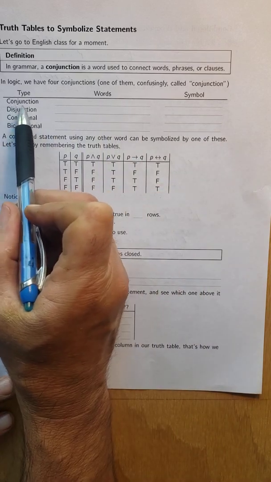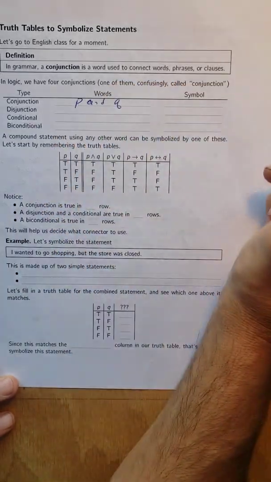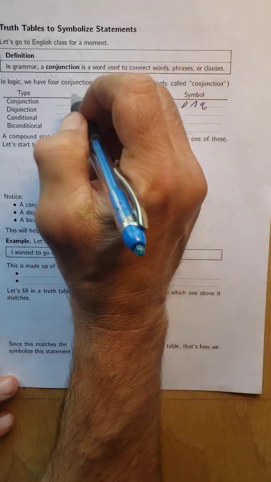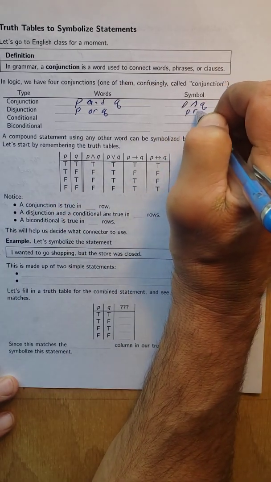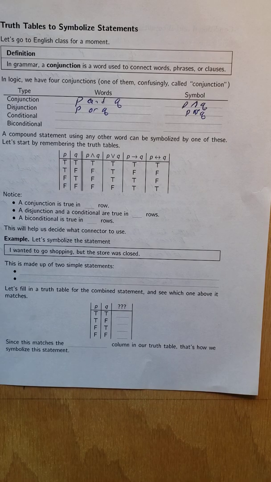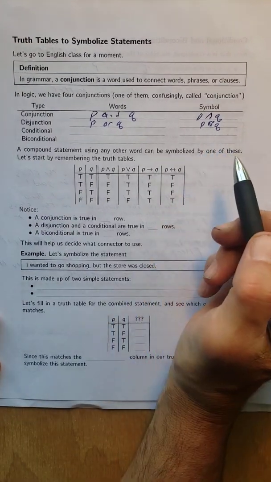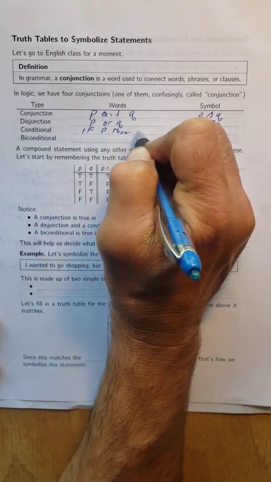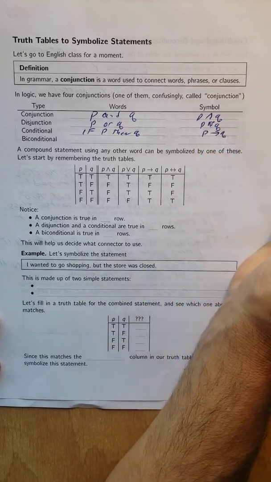In logic, a conjunction would be P and Q. The symbol we use for that, remember, is that upside down V. A disjunction would be P or Q, and the symbol we use for that is a V. A conditional is if P, then Q, and remember, that is our arrow.